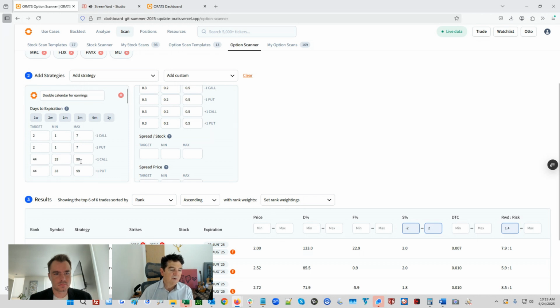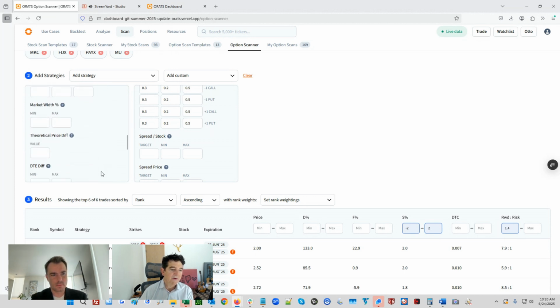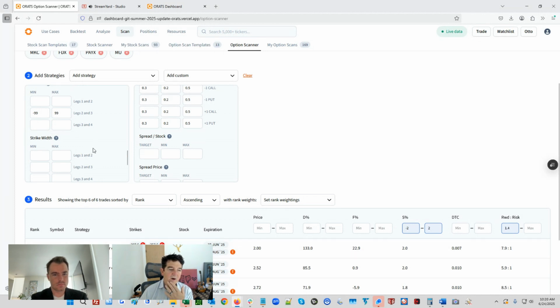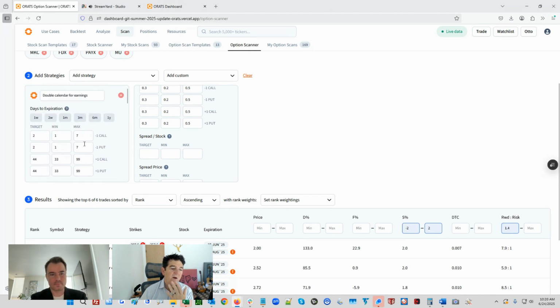So you want 1 and 2 to be the same, 2 and 3 to be different. But then what's 2 minus 3? It's negative. So this has to be negative, right? I didn't do that. I'm lazy. I just set it negative 99.99. But you still get it the way you want it because you've set your originals. So it determines what your DTEs are going to be.